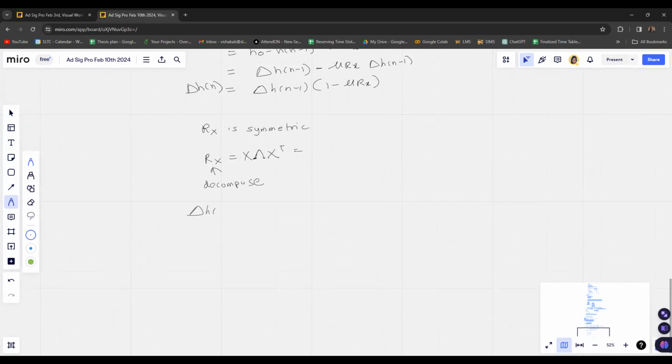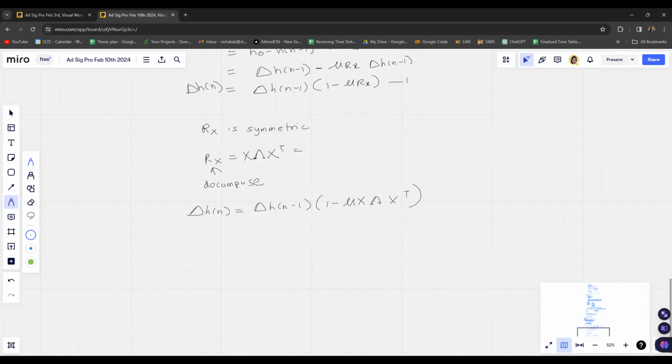The delta Hn term can be written, so we can write this in this term.